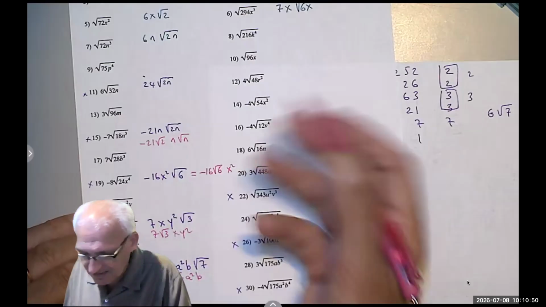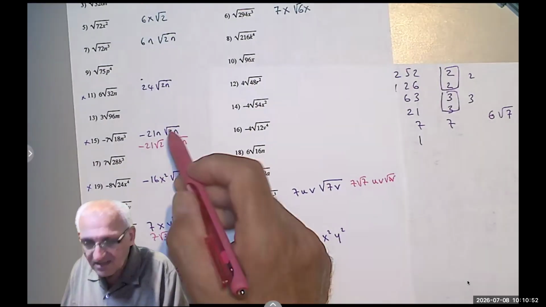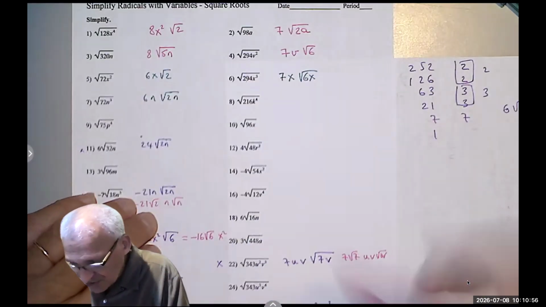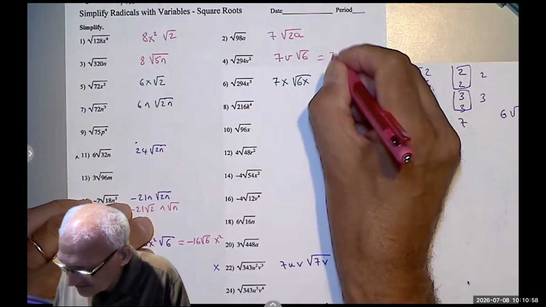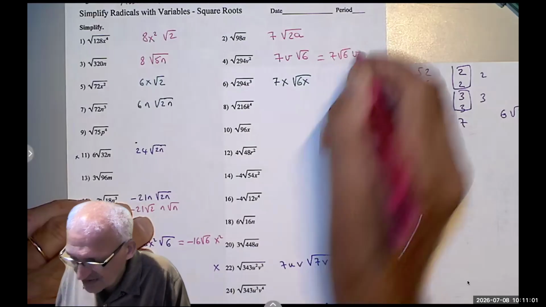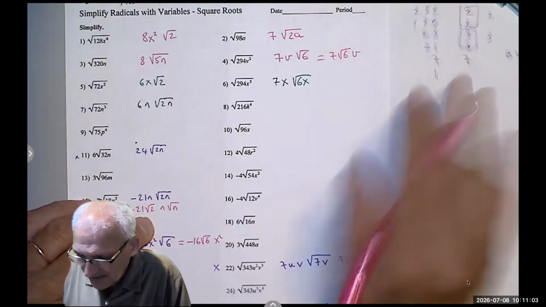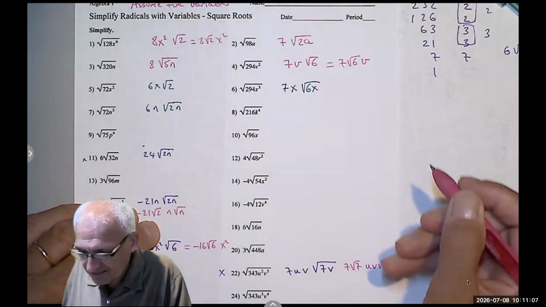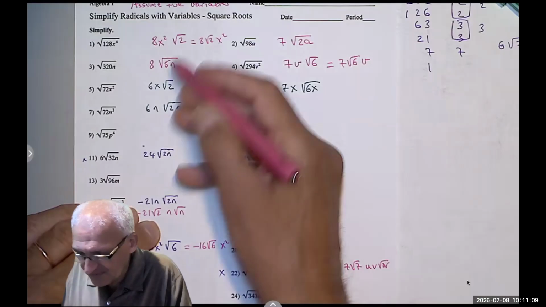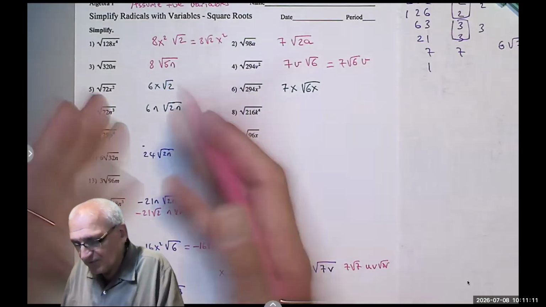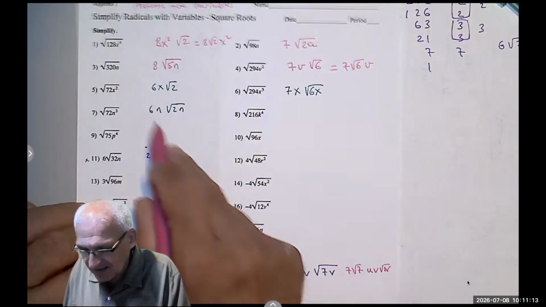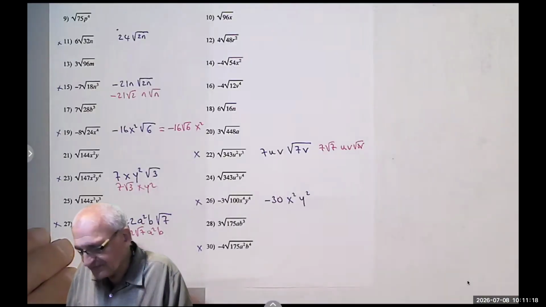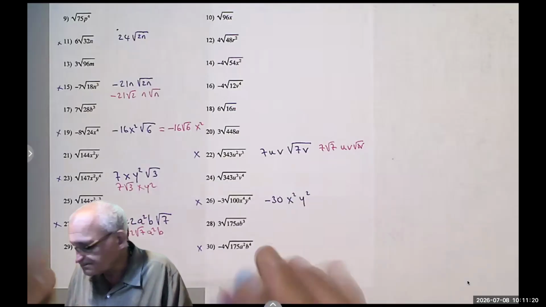Or I can, since there are two roots, leave it like that. That's okay. But it's preferable to write the number 7 root 6 times v and 8 root 2 x squared. Okay, but if there is a root that has both, you can leave it, that's fine, like this guy. But it's preferable to have the numbers first, then the variables.